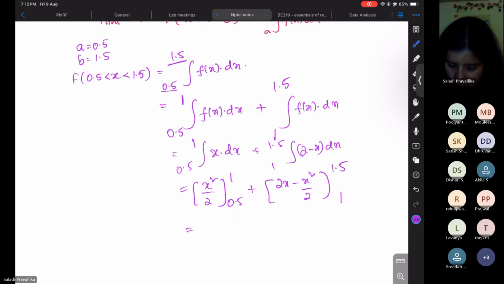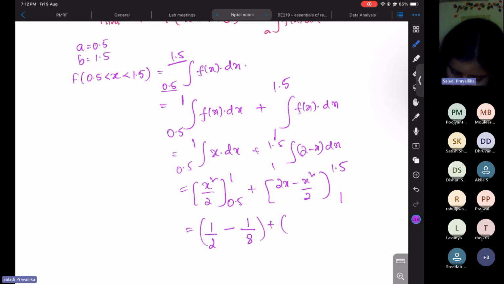Okay, let's substitute the values here. 1 by 2 minus 1 by 8. Plus, let's put 1.5, which is 3 by 2. This is 3 by 2 now. 3 minus 3 by 2 into 3 by 2 by 2. What will be the value? 9 by 8.